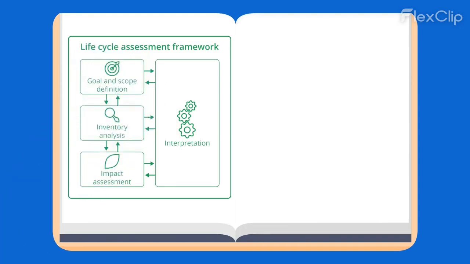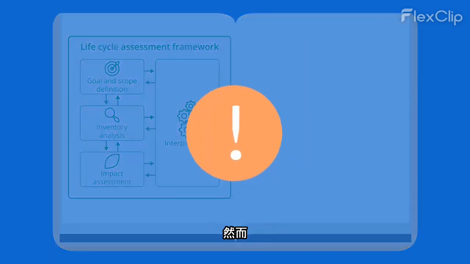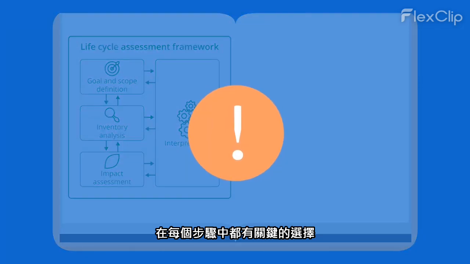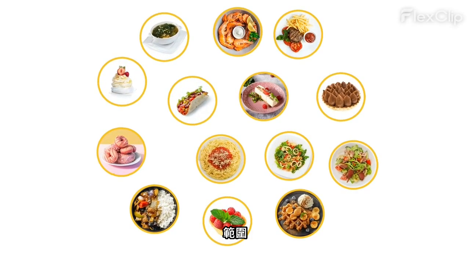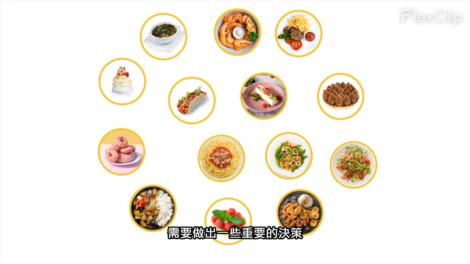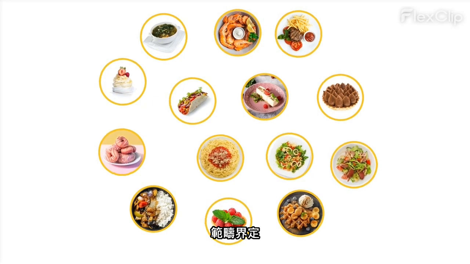Sounds doable, right? And yes, in essence, it is. However, within each step, there are pivotal choices that can significantly influence the outcomes. Let's review some of these choices. For the scope, some important decisions need to be made. For example, the system boundaries.